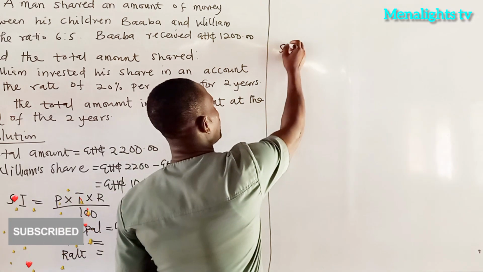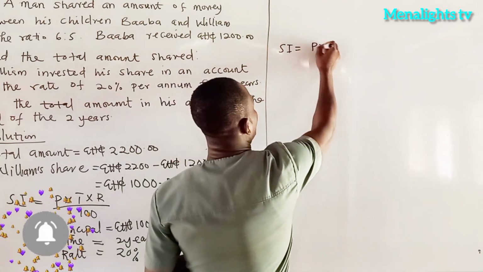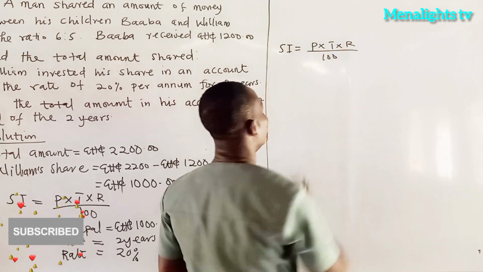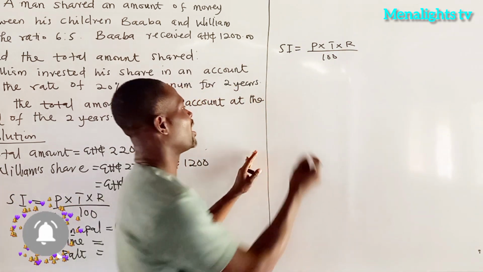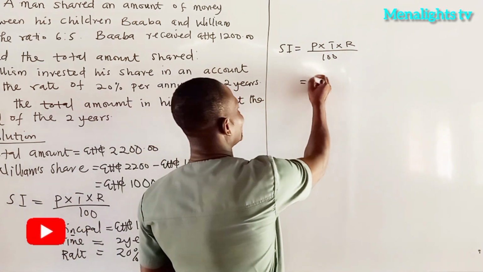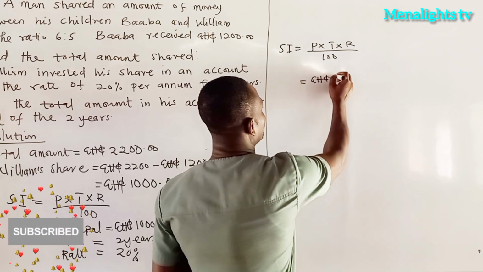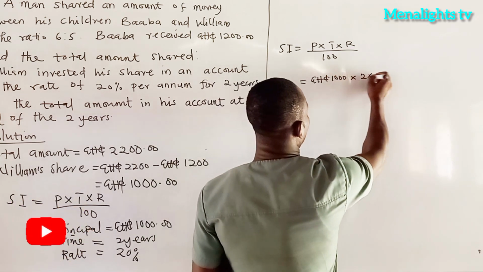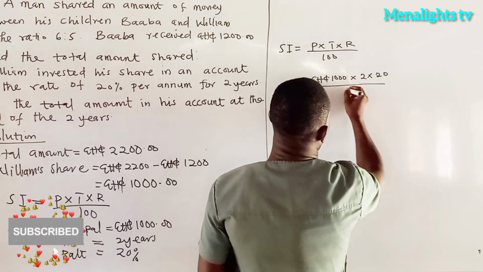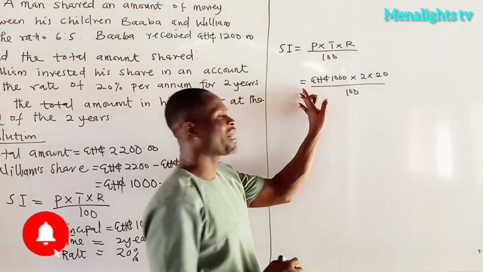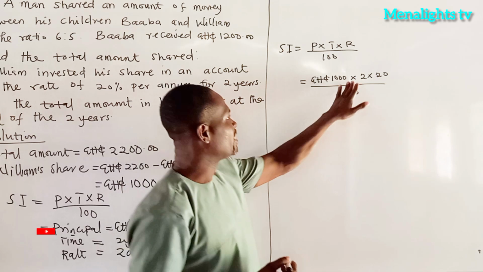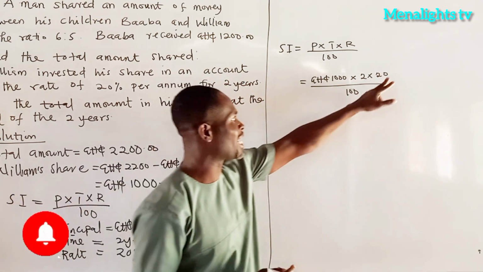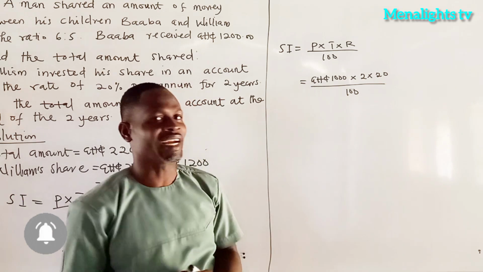So simple interest, we say the principal times time times rate all over 100. So the principal is giving us 1,000 cedis. The time is 2 years and the rate is 20%. So because of that 20%, that is why we have the 100 here.